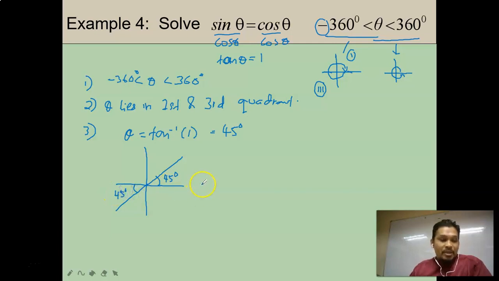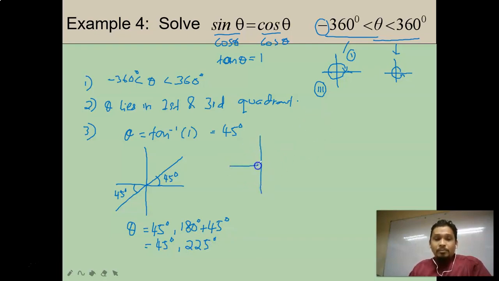So theta is first 45 degrees and also 180 plus 45 degrees, which is 45 degrees and 225.